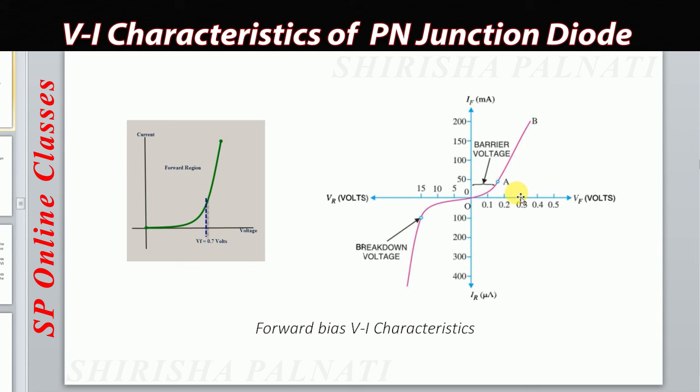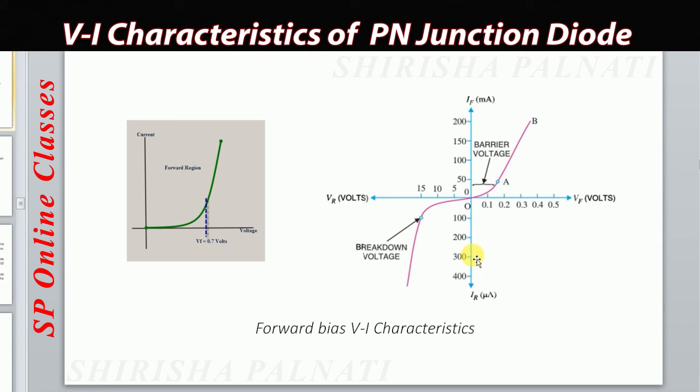So the VI characteristics of the PN junction diode is the first experiment of your lab. In the lab section, we make connections of the PN junction diode using an ammeter, voltmeter, regulator and breadboard, with two components, a resistor and a diode, and we connect the ammeter, voltmeter and regulator using wires.